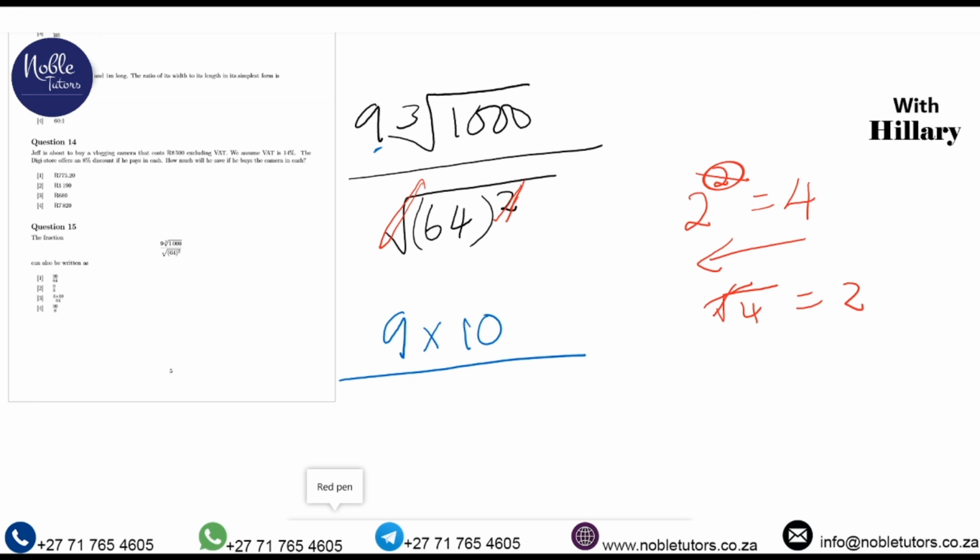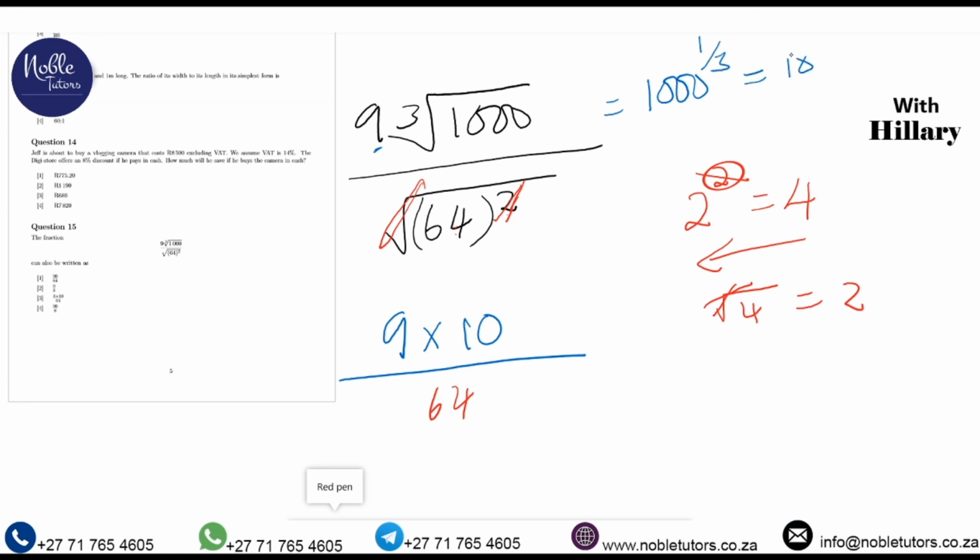Then you'll be left with 64. Or you can do a long method by calculating 64 to the power 2, and then you look for the square root. It will still take you back to 64. Then after that, you remember very well what we mentioned in our previous lesson, that if you want a cube root of 1,000, you will then say 1,000 to the power 1 over 3.